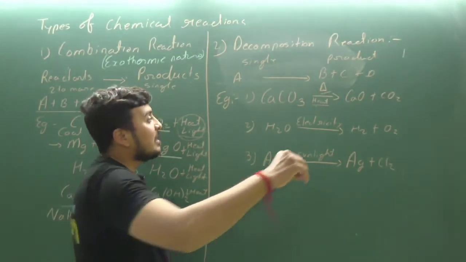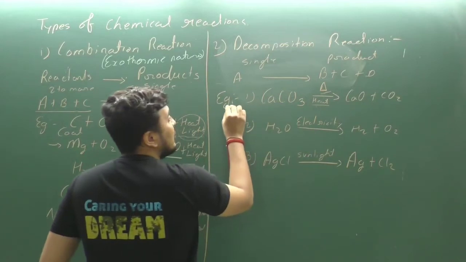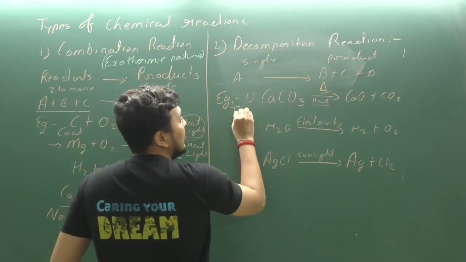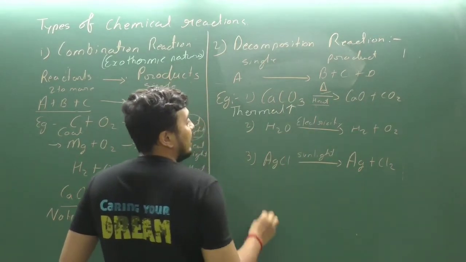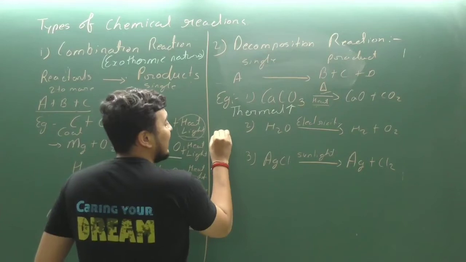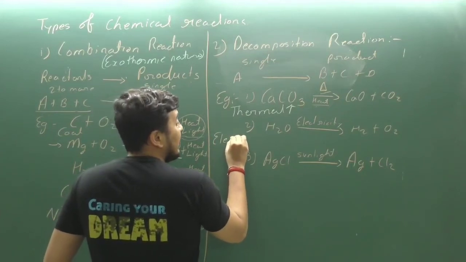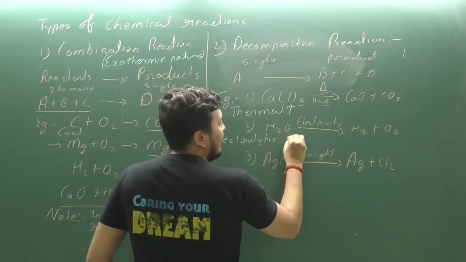If the energy is supplied in the form of heat, it is known as thermal decomposition. If it is supplied in the form of electricity, it is known as electrolytic decomposition.